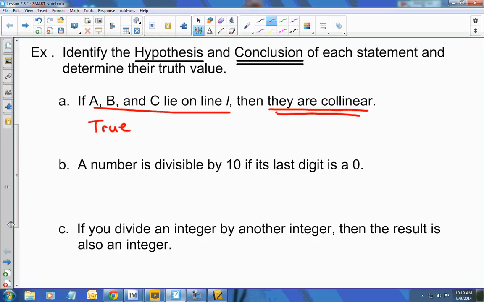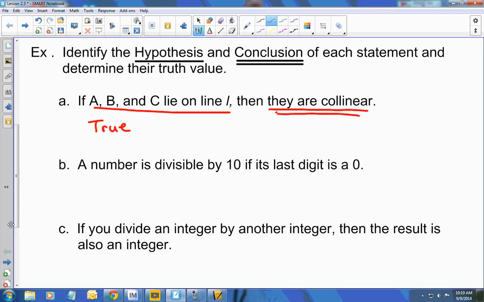Okay, a number is divisible by 10 if its last digit is a 0. Now, this one is not in if-then form, okay? And so I need to look at it and determine what's going to be my hypothesis. It does have an if, right? After if. And I wouldn't want to use it, right? Because that's my pronoun. I want to identify what it is that I'm talking about.